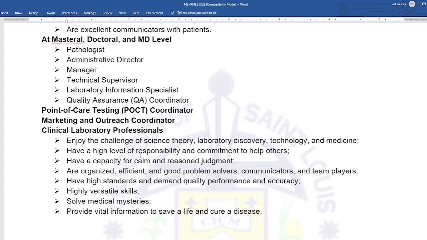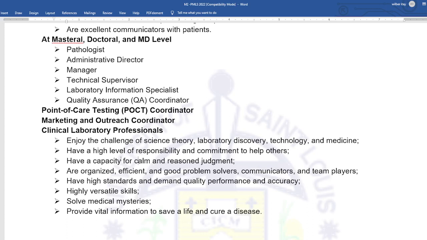Okay, so we have a very high responsibility because what we do is very important in the diagnosis. Kung nagkamali ka ng nilagay na bacteria, nagkamali ka ng nilagay na resulta, that may endanger the lives of our patient.